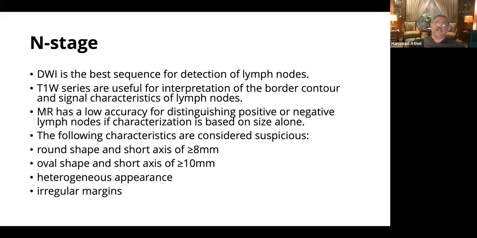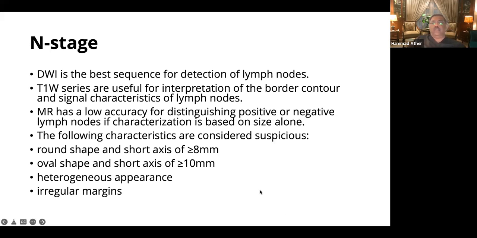So all these are extremely suspicious characteristics. When you identify a lymph node, if it is round and has a short axis of greater than 8 millimeters, it is likely to be malignant, and if it is oval shaped and the short axis is greater than 10 millimeters.